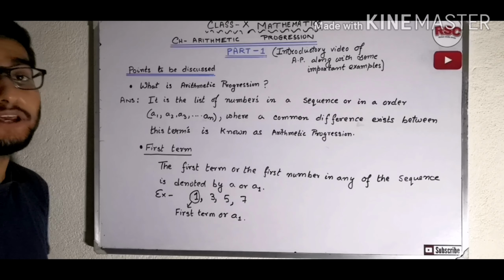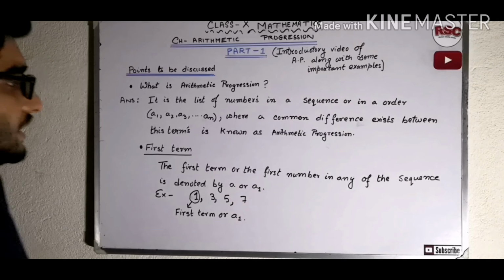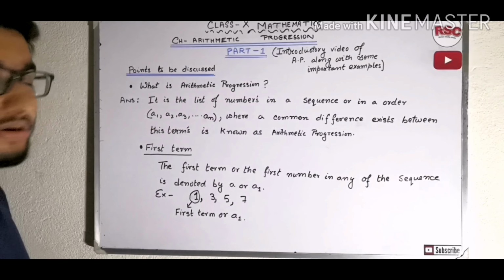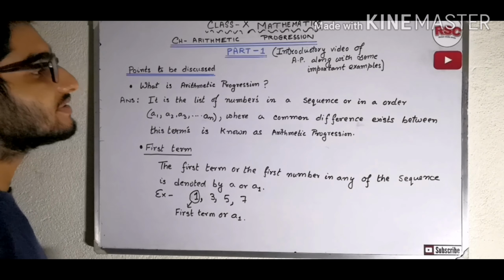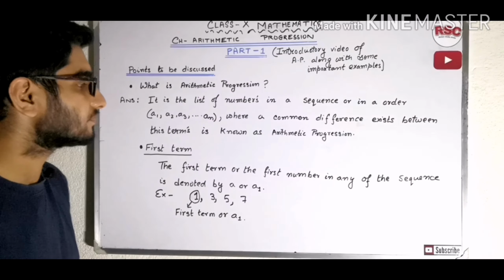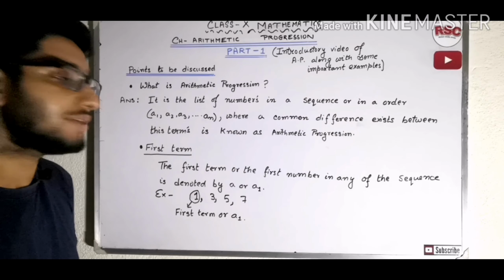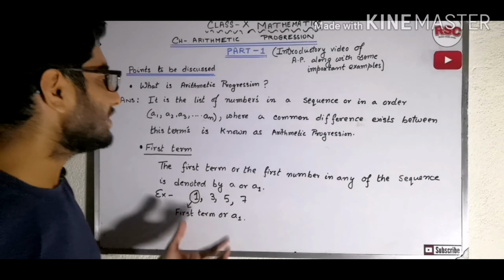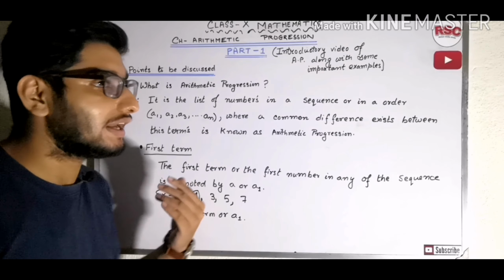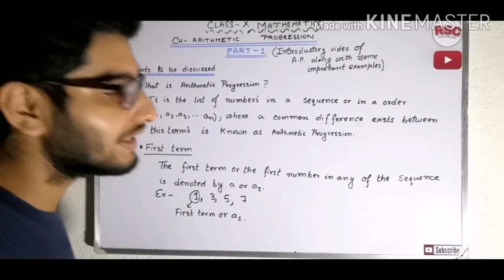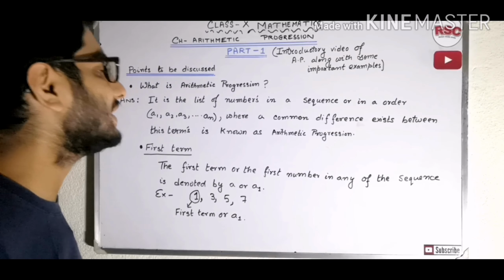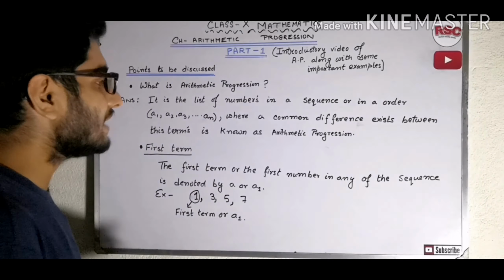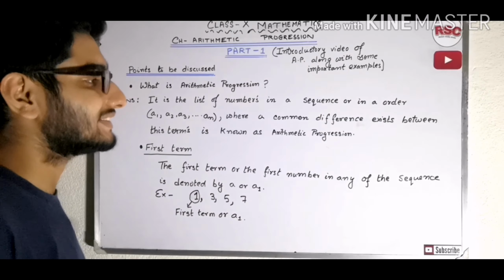Now what is an AP? It is a list of numbers in a sequence or in an order. The order may be A1, A2, A3, A4 dot dot dot An. An can be A10, A20, A50, anything, where a common difference exists.